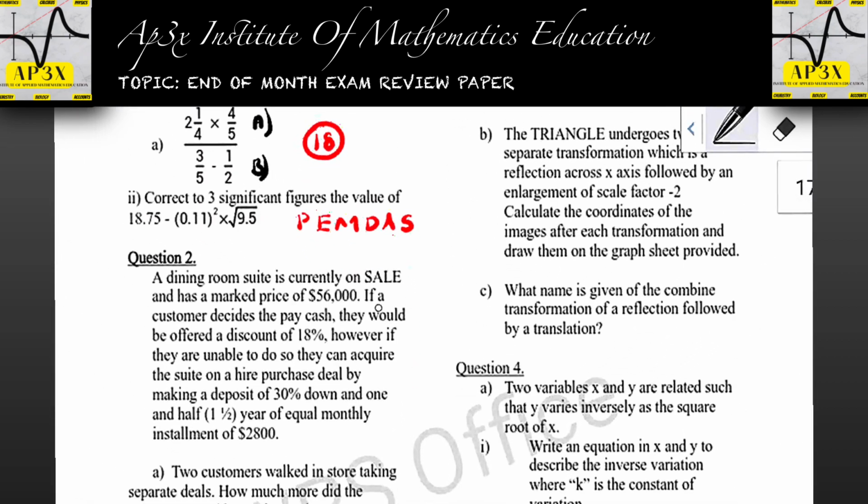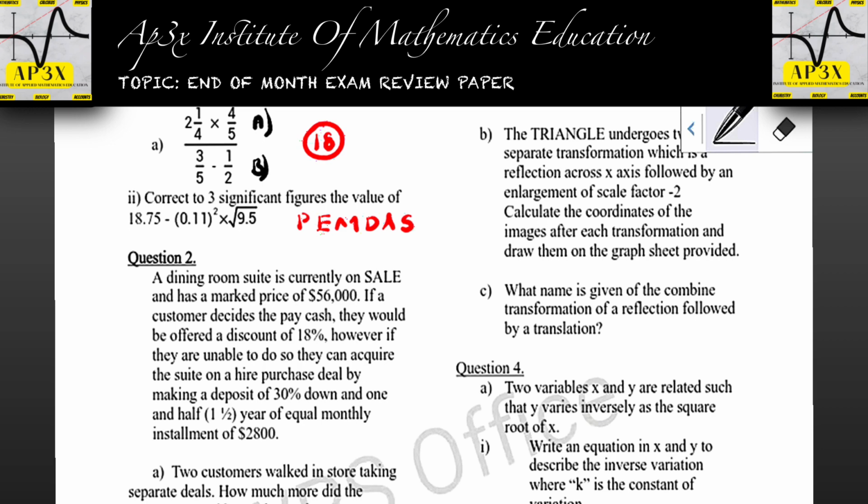Let's continue reading then. It says that if the customer is unable to pay cash, they can still get the item. However, the deal is that they are going to have to make a 30% deposit, that is in fact 30% of the advertised price, and then for the next 1.5 years, each month equally they're going to be paying $2,800.